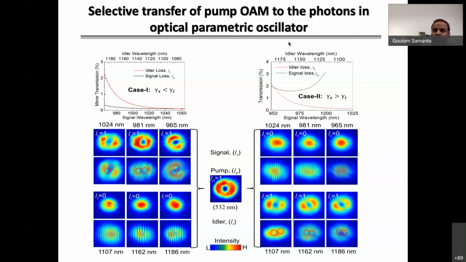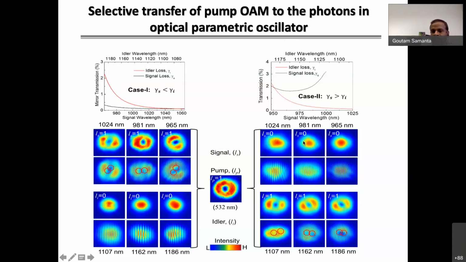Then we added additional loss, using the output coupler, to the signal. The idler loss remains unchanged, whereas the signal loss is increased. In that case, we see the signal is not carrying the OAM mode anymore, whereas the idler is taking the OAM mode of the pump.